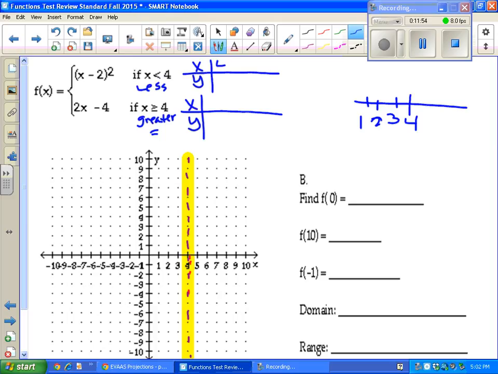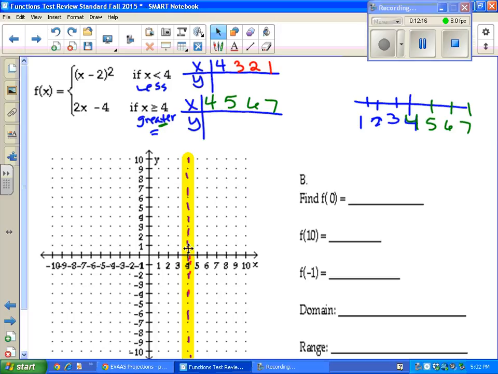So I'm going to put 4 in here, and then 3, 2, and 1. Down here, for numbers greater than or equal to 4, I'm going to start at 4, and then think about 2 or 3 numbers greater, so it'll be 5, 6, and maybe up to 7. And those are my x values I've chosen for this table.